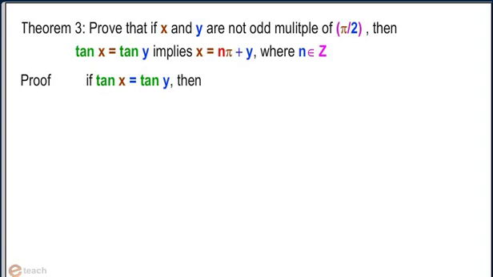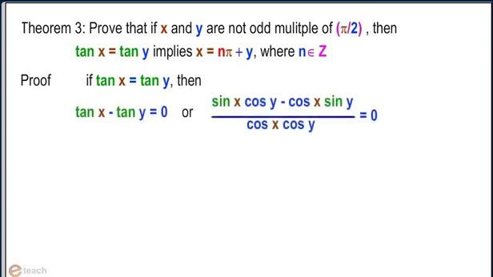If tan x equals tan y, then tan x minus tan y equals 0, or (sin x cos y minus cos x sin y) by (cos x cos y) equals 0, which gives sin (x minus y) equals 0.